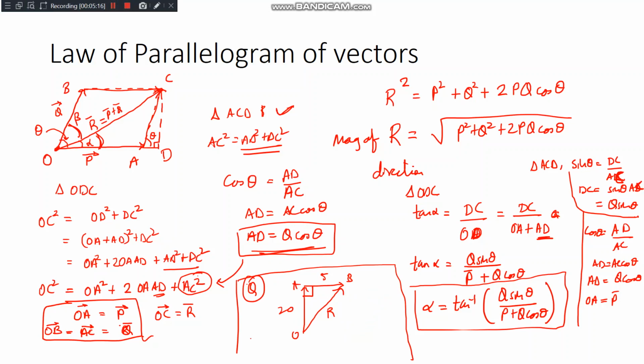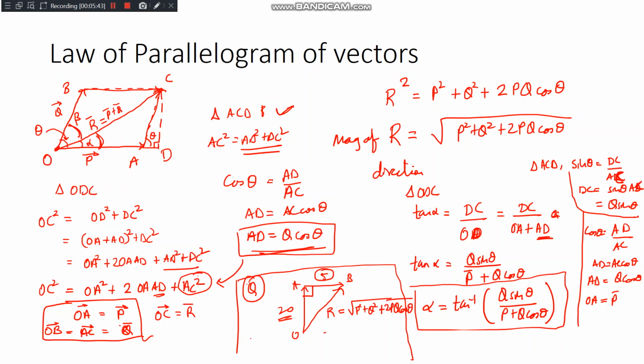Okay, before going ahead, we can try and solve this sum over here. We have one vector which is having magnitude 20, another vector which is having magnitude 5. They have angle 90 between them, and we need to find the magnitude and the direction over here. So resultant का formula क्या था, हमने अभी लिखा था, it is root of p square plus q square plus 2pq cos theta.